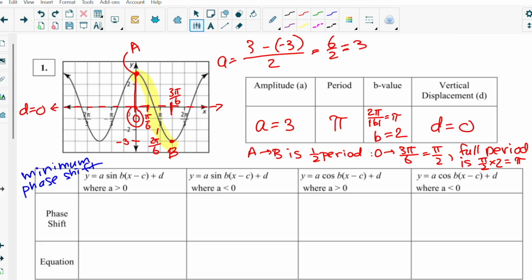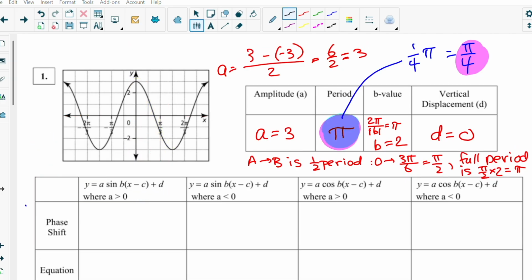I need to read this graph to see where I sit with a phase shift, first with A greater than 0. Let's do this first one: y equals A sine of B times (x minus C) plus D, where A is greater than 0. We have our A, B, and D values. We need to find our C value. So I'm going to plot point E here, and I'm going to plot point D right here. So E and D.